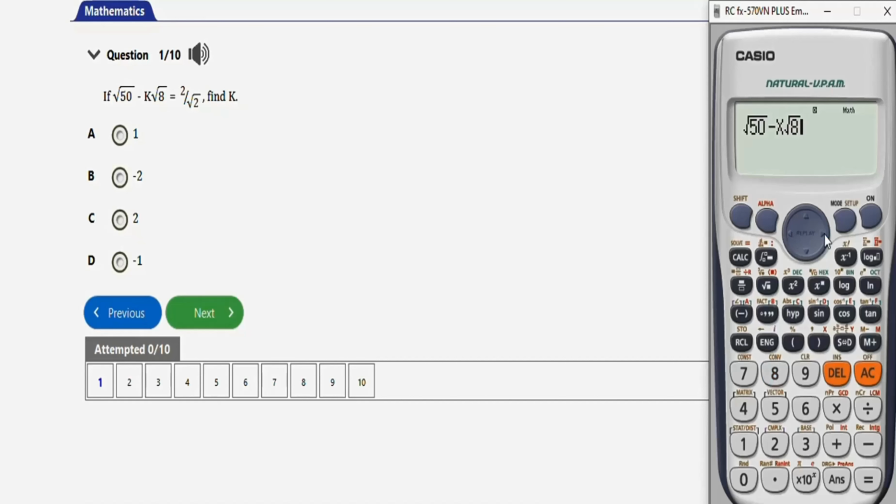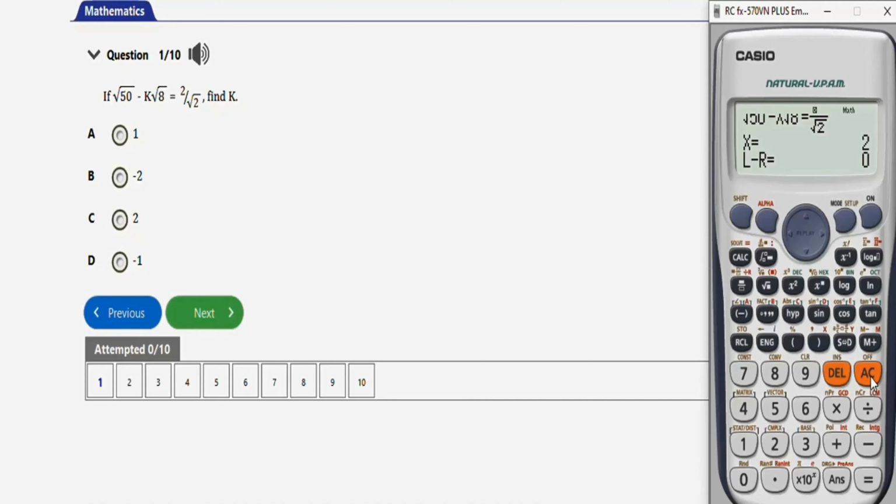To bring out the equality sign, press alpha and this calc button, then a fraction 2 over root 2. Let's press shift and calc to solve this. When you get there, assign x to be 0, very important. Press equal to. So x equals 2. Option C is the right answer to this question. It's as simple as this.